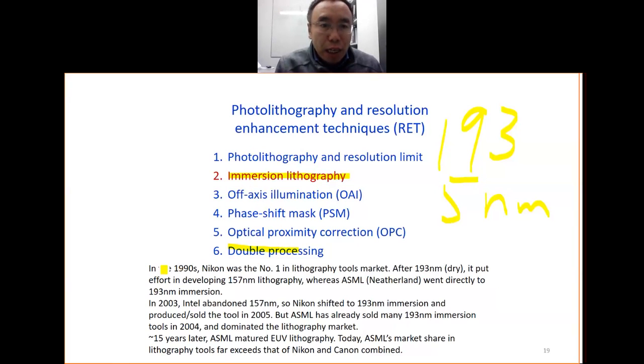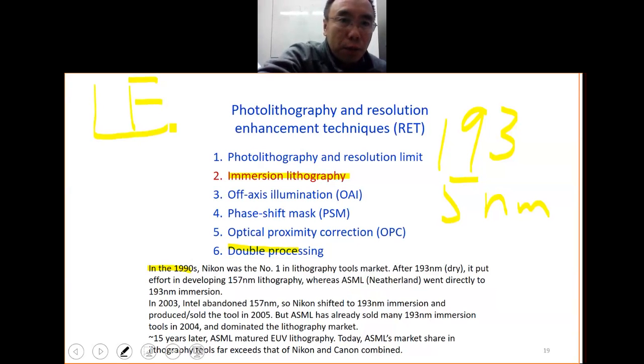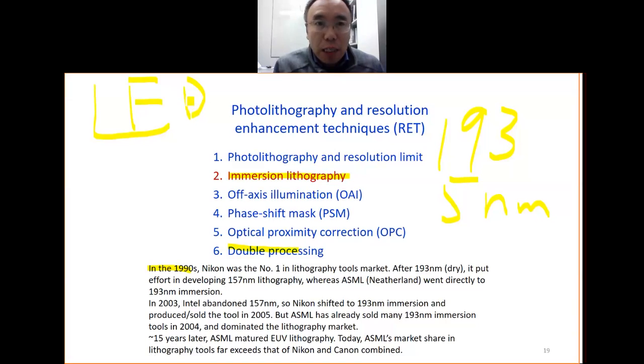Actually, in the 1990s, Nikon and Canon, those two Japanese companies, dominated lithography tools. Even today, if you go to the clean rooms for universities, for MEMS, and for LED chips, they do not need the state-of-the-art lithography system.